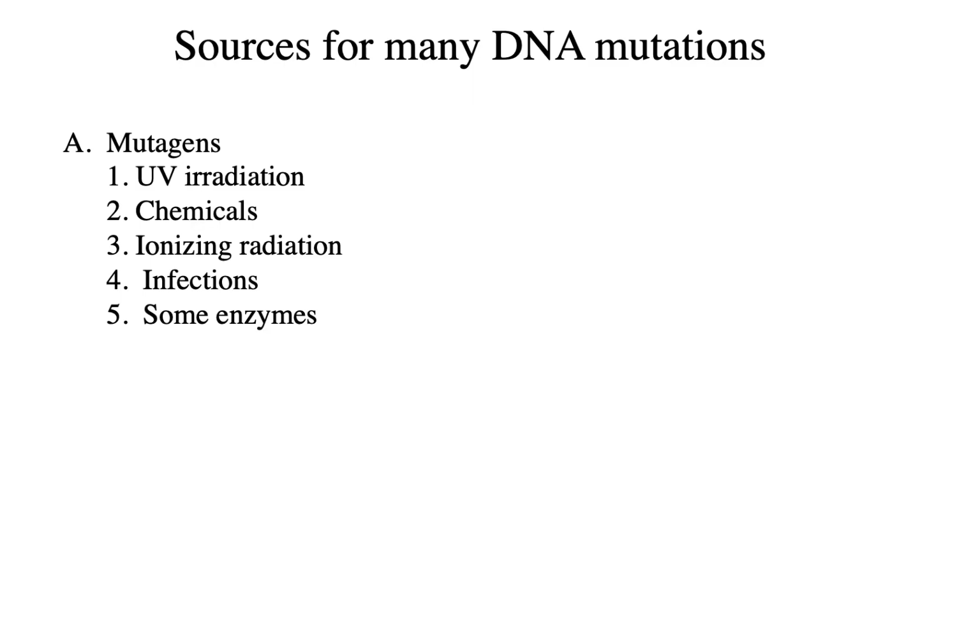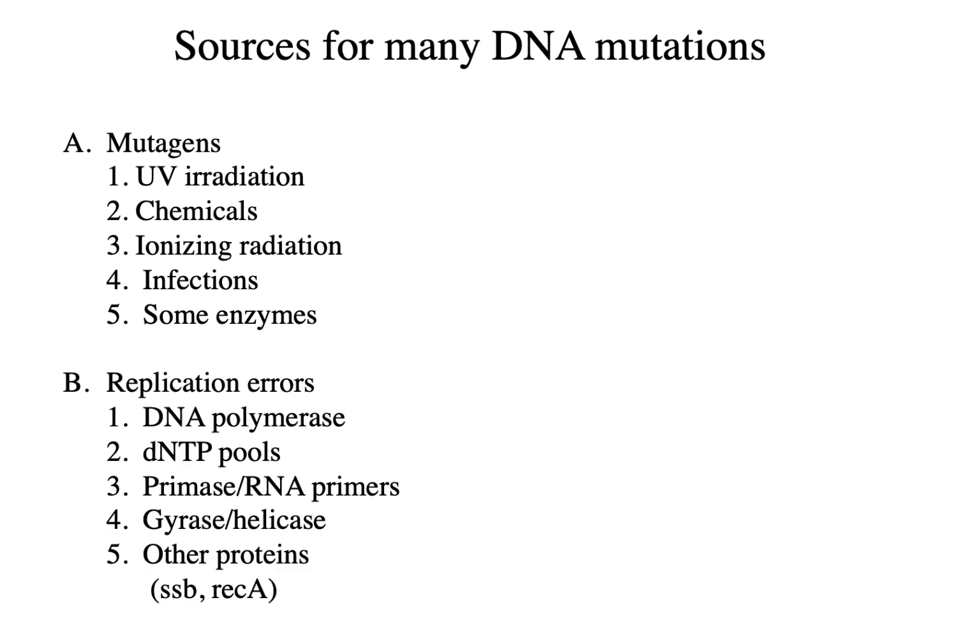So here's a list of a few of the mutagens, and they include ultraviolet irradiation, some chemicals, ionizing radiation, infections, and some enzymes also can cause mutations in the DNA. As I said, replication itself can introduce mutations, and this is a common way for mutations to be introduced. One is by DNA polymerase itself making mistakes, and it does.